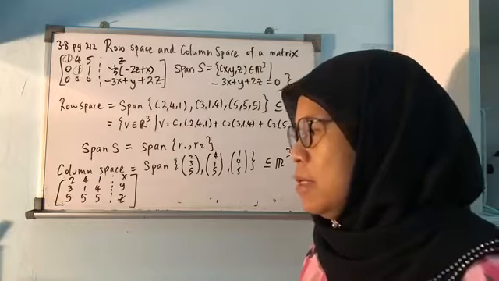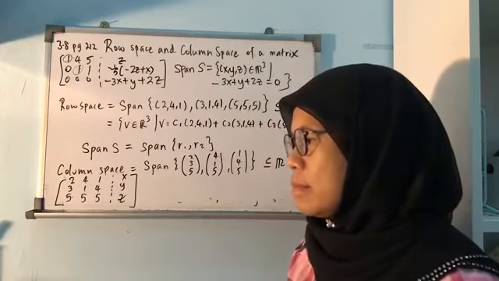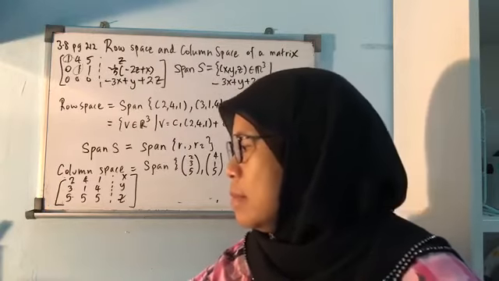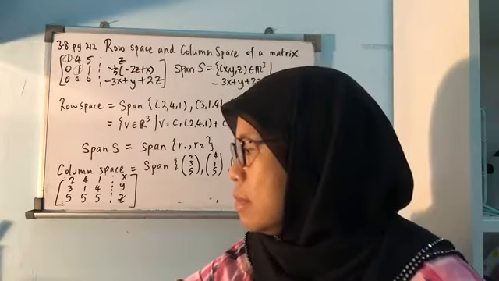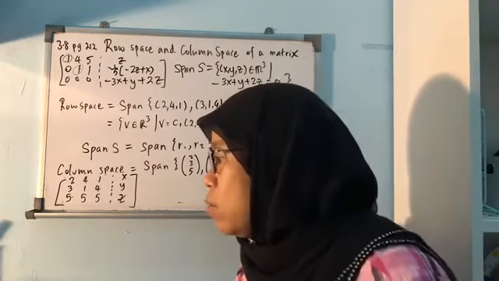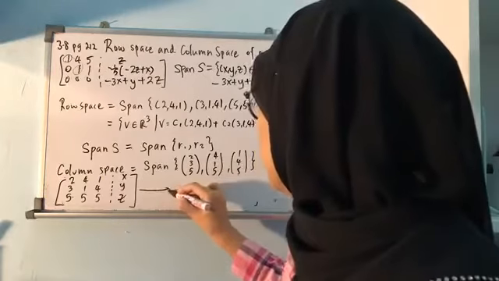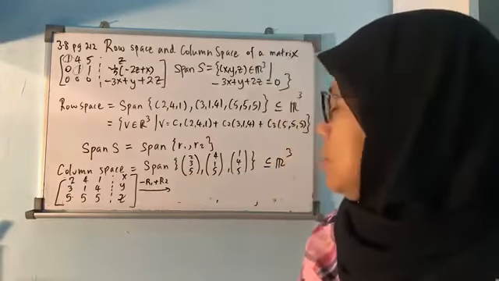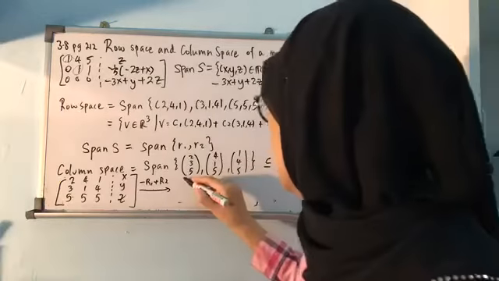Okay, cepat bagi suggestion. Negative R1 plus R2. Okay, this is okay. Then at least you get 1, right? Or negative 1.